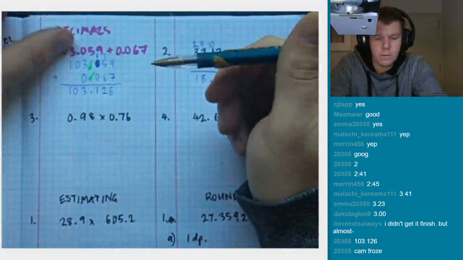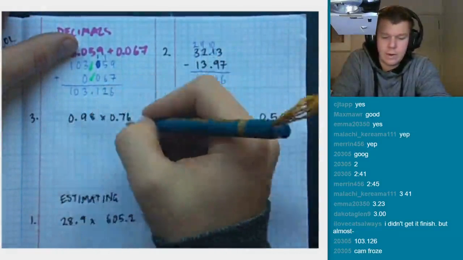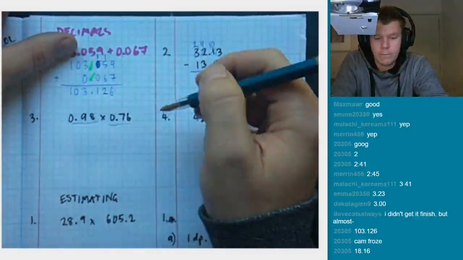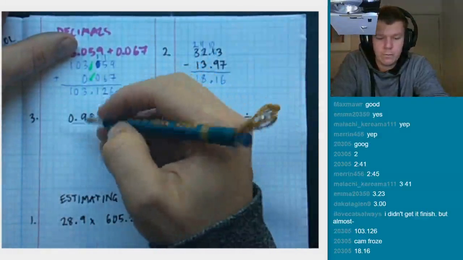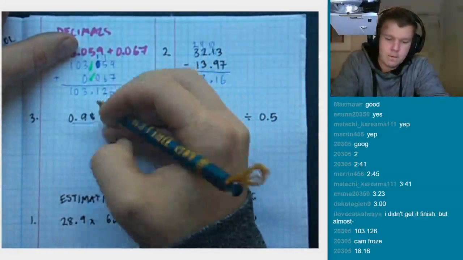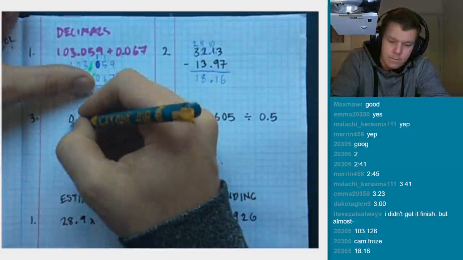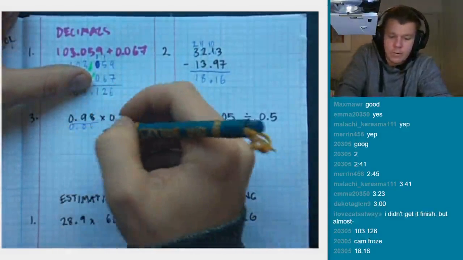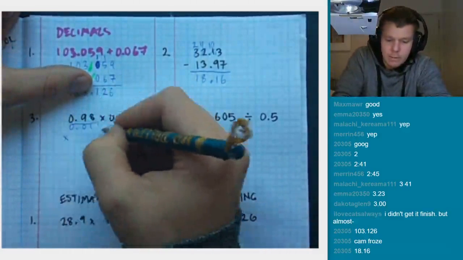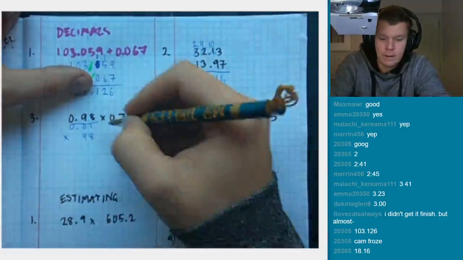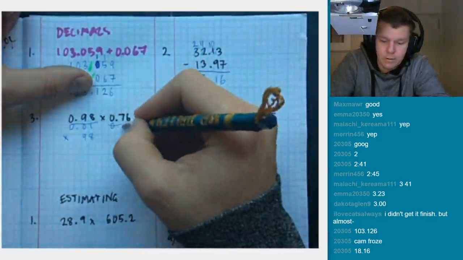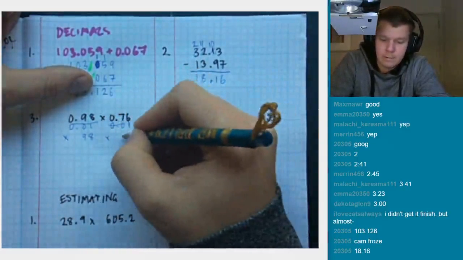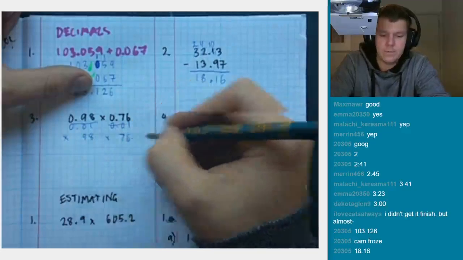So, what we want to do is think about how we can break up these decimals. If we were going to pull some numbers out, we put a 0.01 underneath and then multiplied by 98. And then on this one, we've got a 0.01 underneath and then multiplied by 76.